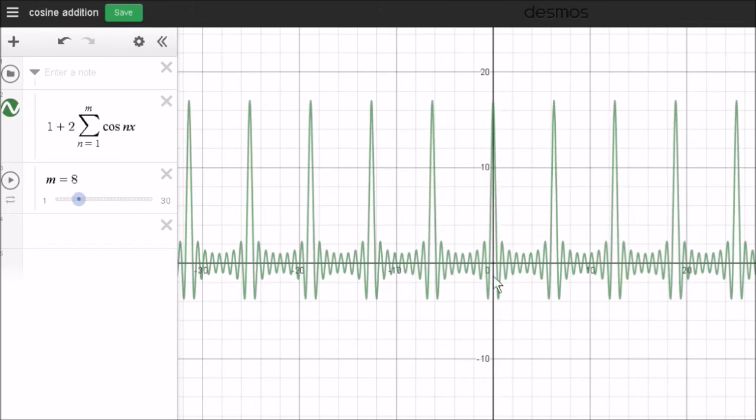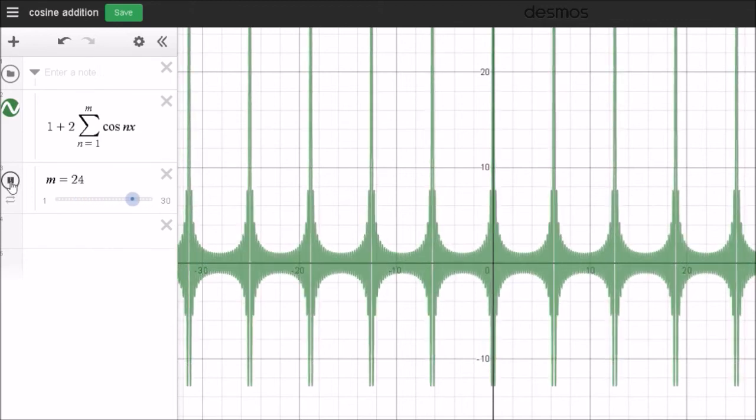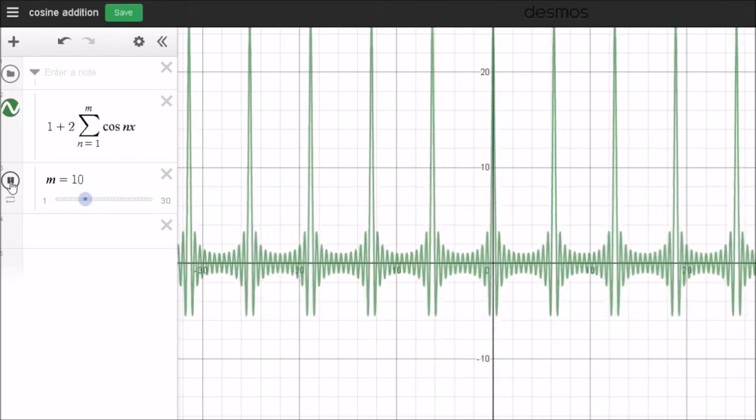So we can see quite clearly here that if we add up all of these cosine functions, then in the frequency domain it's just going to tend towards an impulse train. You can see quite clearly from this that the frequency domain equivalent of an impulse train in the time domain is another impulse train.